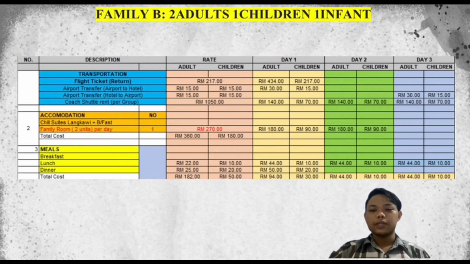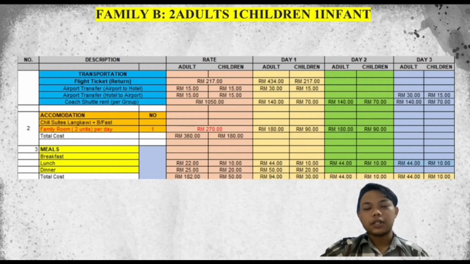For the day 1, it will take 140 ringgit for adult and 70 ringgit for children. For the day 2, it will take 140 ringgit for adult and 70 ringgit for children. For the day 3, it will take 140 ringgit for adult and 70 ringgit for children.